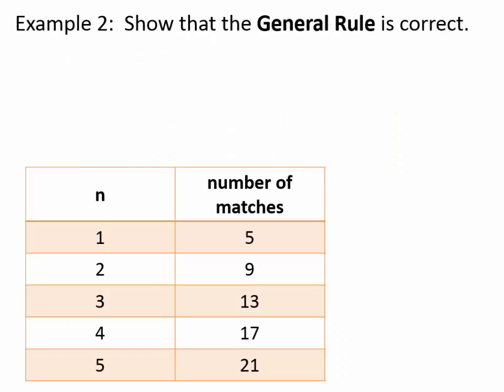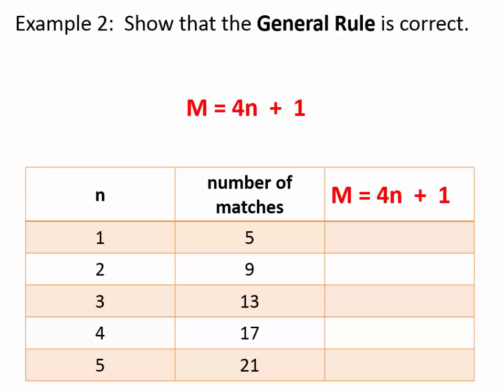To show that the general rule is correct, we check that m works out to be the correct number of matches for each value of n. So when n is 1, we would say 4 times 1 plus 1, that's 4 plus 1, which equals 5, which is correct. For the second one, we must get a value of 9. 4 times 2 is 8 plus 1 is 9.